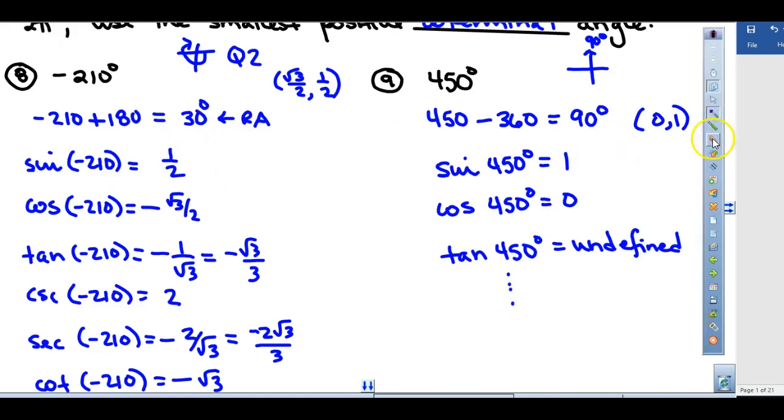Let's fix this. I just realized I did that wrong. I'm sorry. I probably made you think I was crazy. Let's see what we're going to have to do here to fix that. All right, we're adding 360, so that's actually going to be 150. Okay, but our reference angle will still be 30 degrees because 150 is 30 degrees away from 180, away from the x-axis.